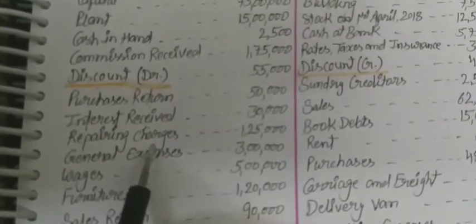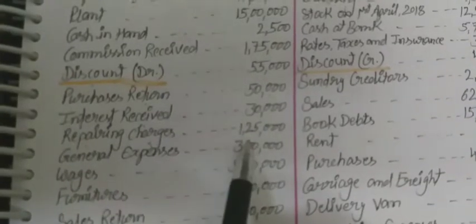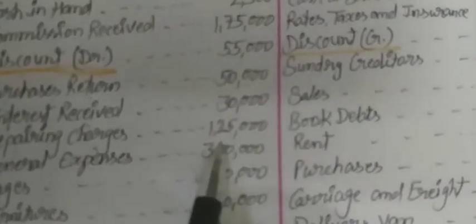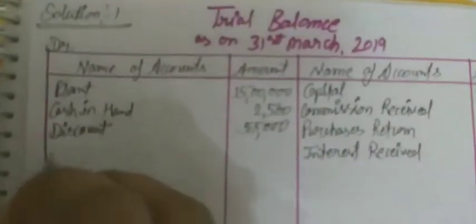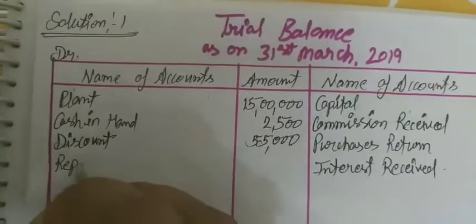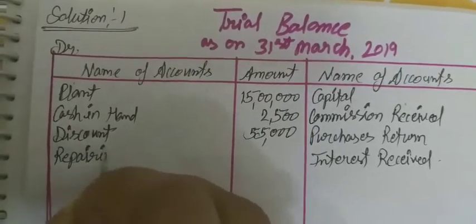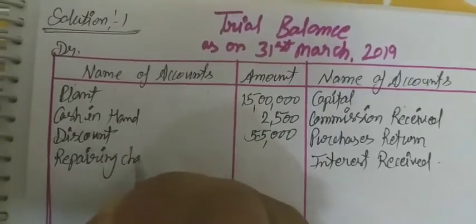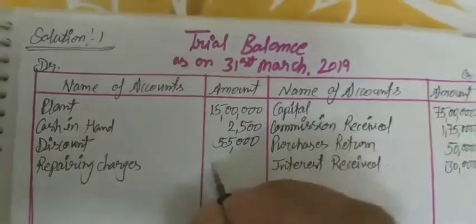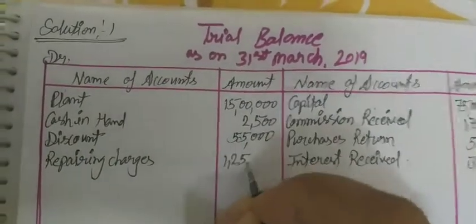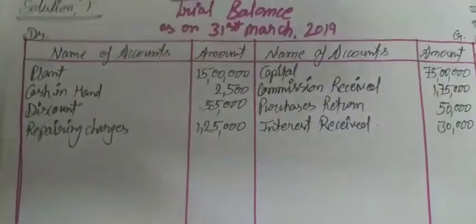It is an expense. If it is an expense, then debit side, 1,25,000. So repairing charges 1,25,000 will show on the debit side.